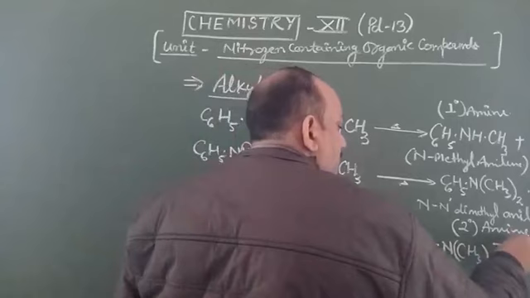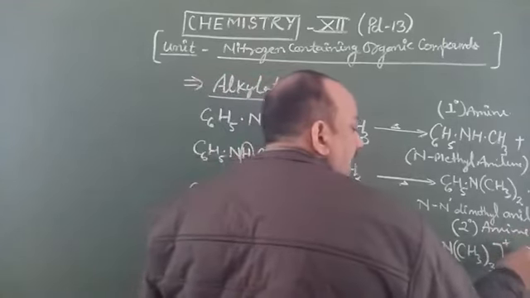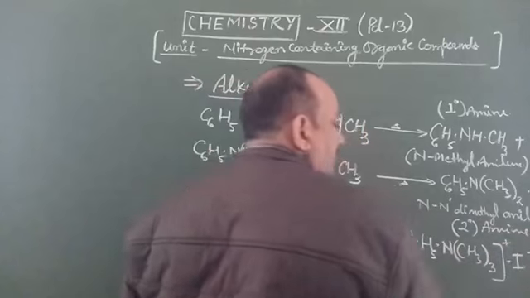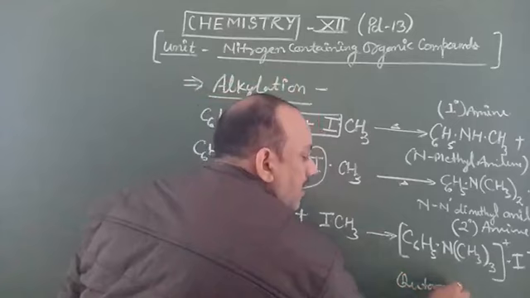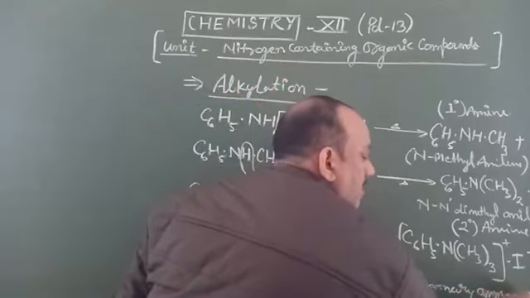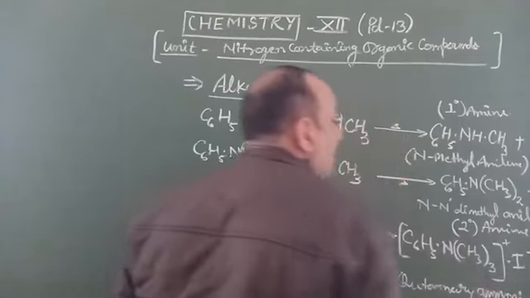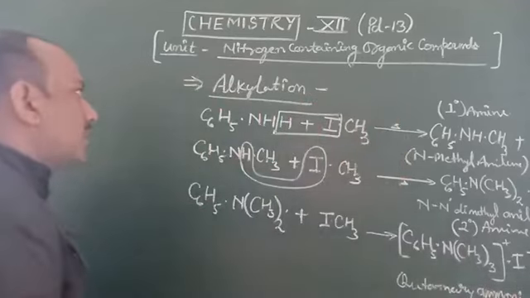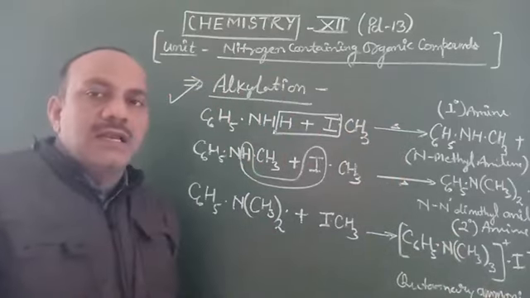This entity shows a cationic, positive charge, and is paired with I minus. It is known as quaternary ammonium salt. It is under the category of 3 degree type of reaction. So all these types of reactions are known as alkylation.